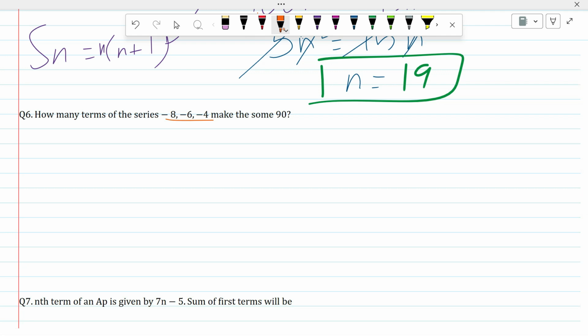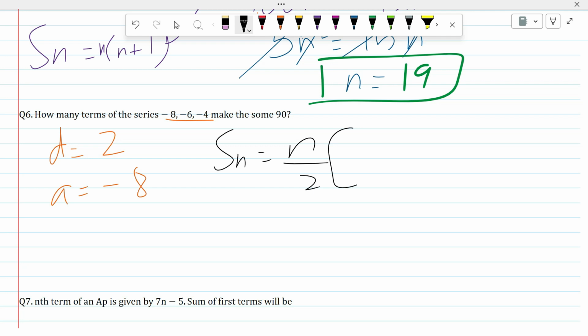So the common difference will be 2, and a is going to be minus 8. Now we have the formula. What is the formula? Sn is equal to n upon 2 into 2a plus n minus 1 into d.